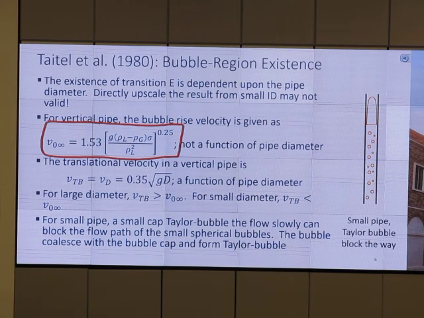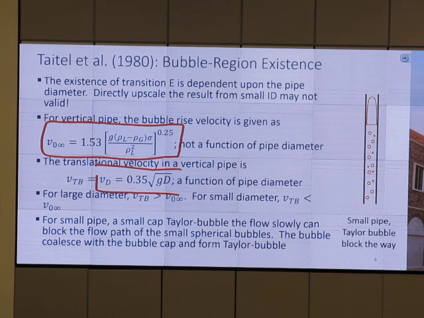But when we look at translational velocity or drift velocity, when we have no flow, Vm equal to 0, and we just have a bubble going up, the velocity of the bubble is equal to drift velocity, 0.35 square root of gD. So drift velocity or bubble velocity, once it forms, is dependent upon diameter size.